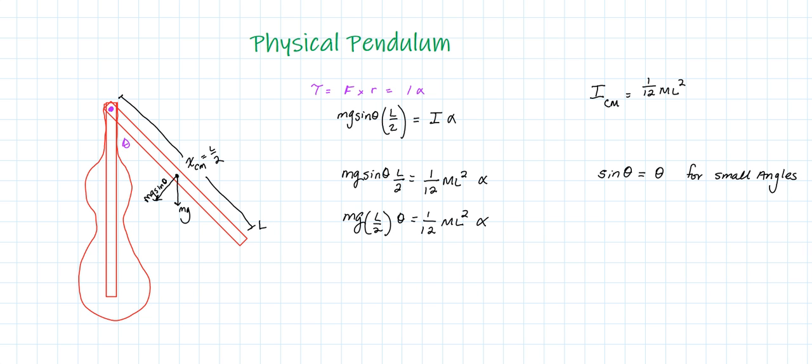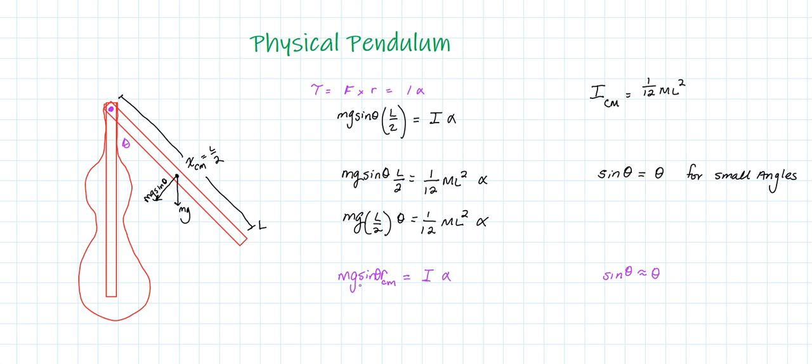So I'm just going to put it in more generic terms, and I'm going to say mg sine theta is still acting at the position R, center of mass. Okay, so I'm designating that it's acting at the center of mass, and this is the moment of inertia times this angle. Now again, I'm going to say that this is still for a small angle approximation where sine of theta is approximately equal to theta.